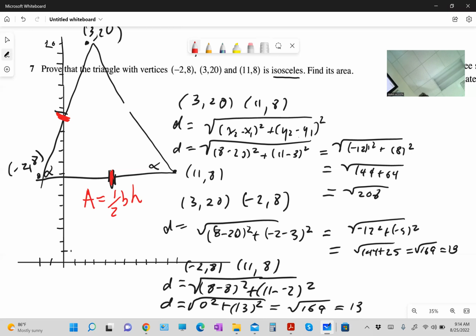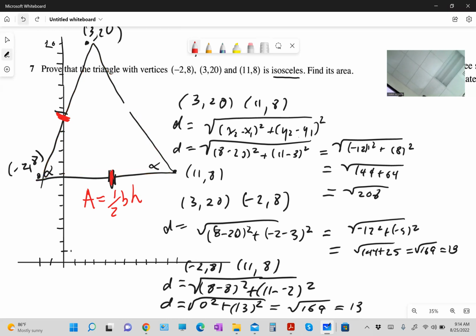So here's what happens. We have to pick a base. There's three bases here, technically speaking. You can have this one as a base, this one, or this one.